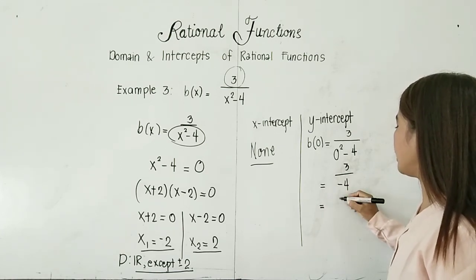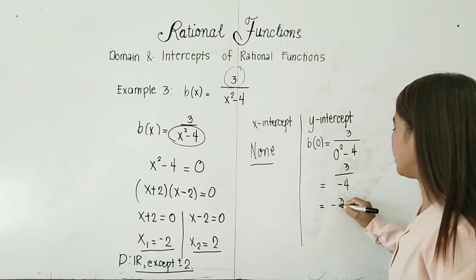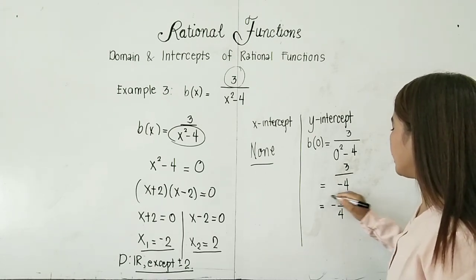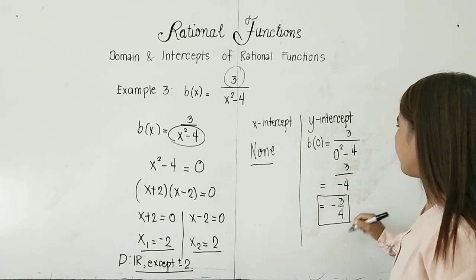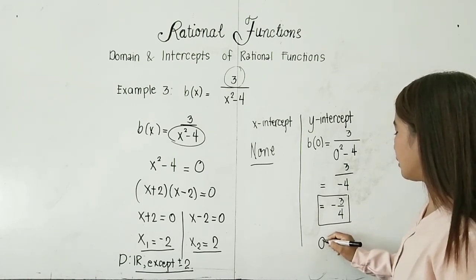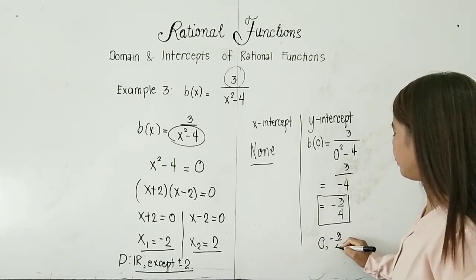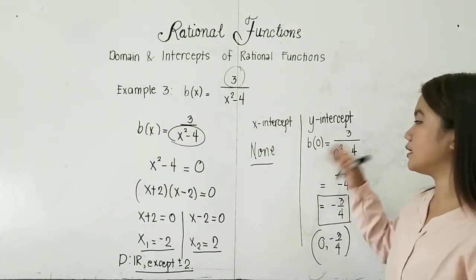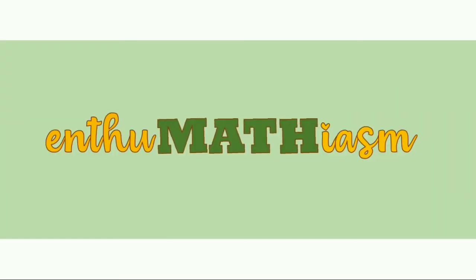So 3 divided by negative 4 is negative 3 over 4. So our y-intercept is negative 3/4. This is the value of y when x is 0. So our y-intercept is negative 3/4 and we have no x-intercept.